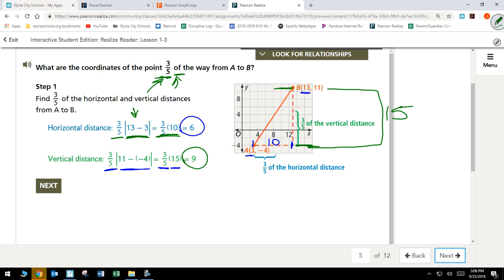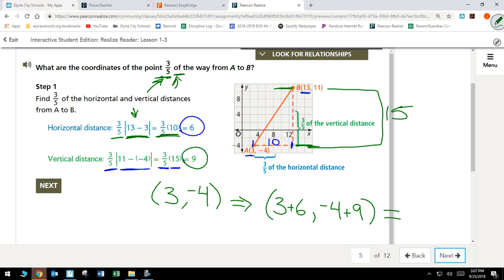So, starting at 3, -4, and going 3/5 of the horizontal distance means I'm adding 6 onto 3. And if I want to go 3/5 of the vertical distance, starting at -4, I'm adding on 9.